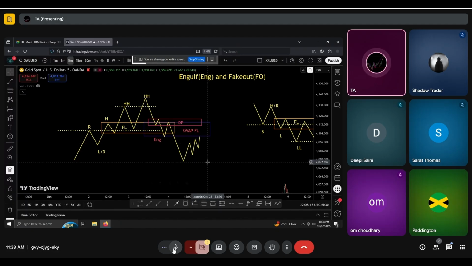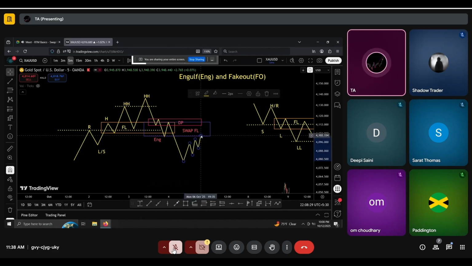Not a can in technical, in classical or traditional technical analysis, we call this a trend. Price making high low, higher high low, high low, then again crosses high low, high. So what impression is this giving? This gives the impression of a bullish trend, isn't it?